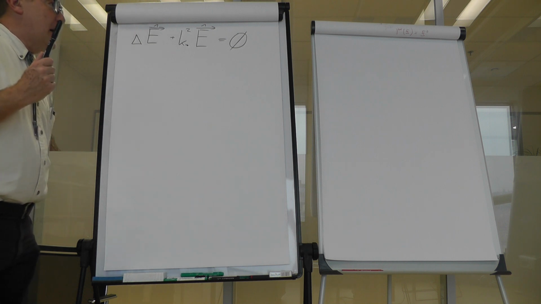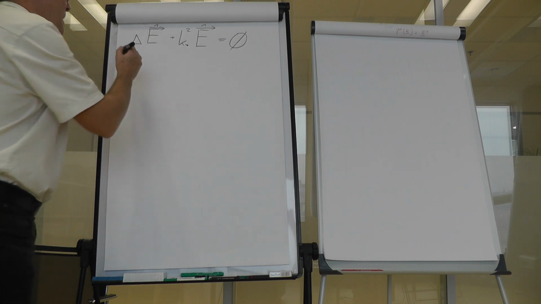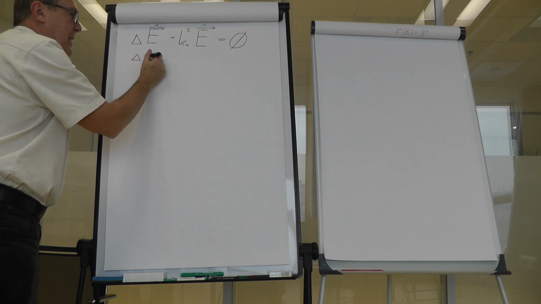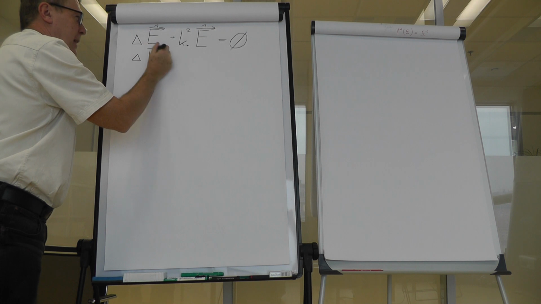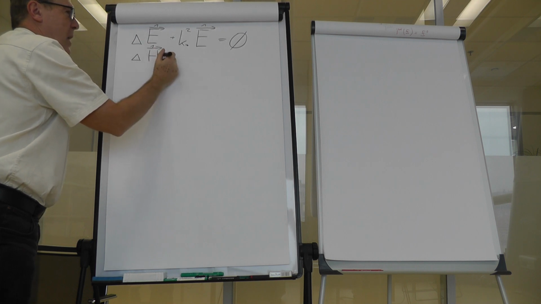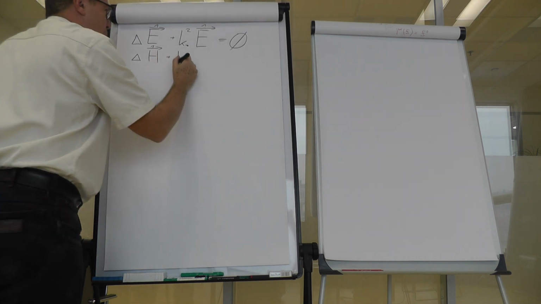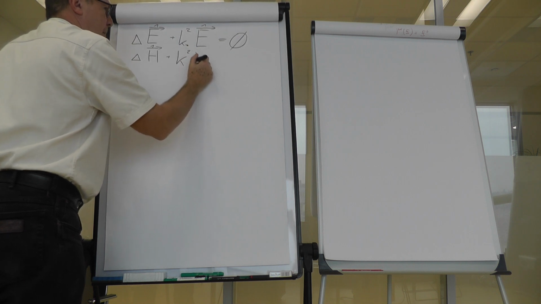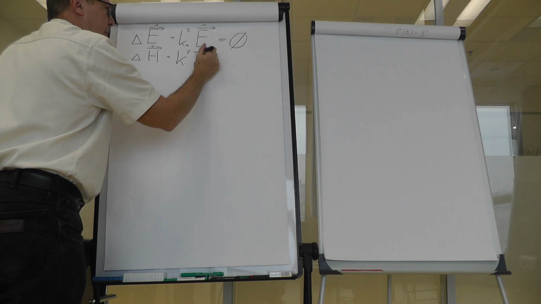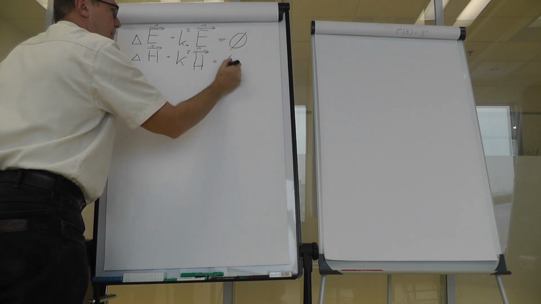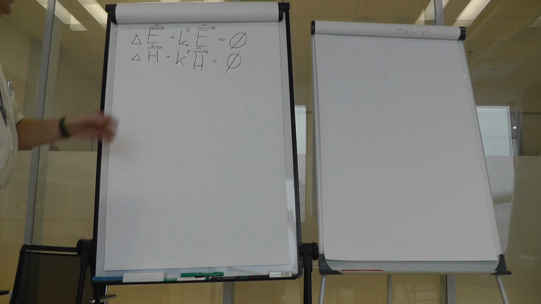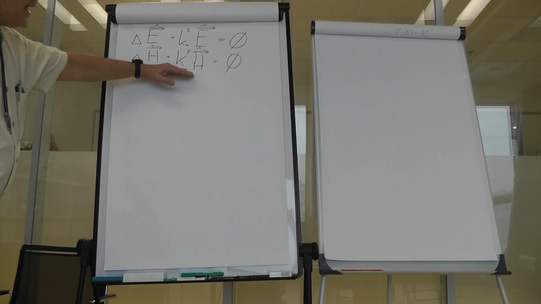Now, we have another set of equations, and that is for the magnetic field, the magnetic field intensity H. We have another equation of the same form, and this equation is valid as well.